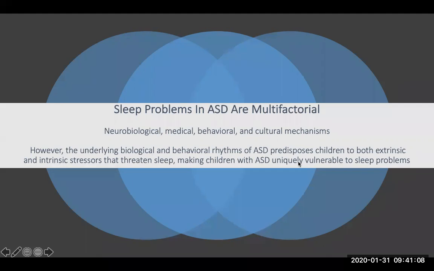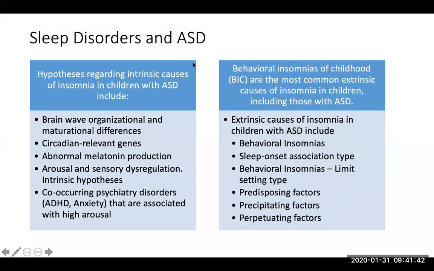All kids with autism have this predisposition, and the factors that can make sleep difficulties more or less severe include medical reasons, like gastrointestinal problems, behavioral issues, or cultural mechanisms that show up more in a kid who is predisposed to sleep difficulties. So that's the reason we have such a big prevalence of sleep problems with autism.